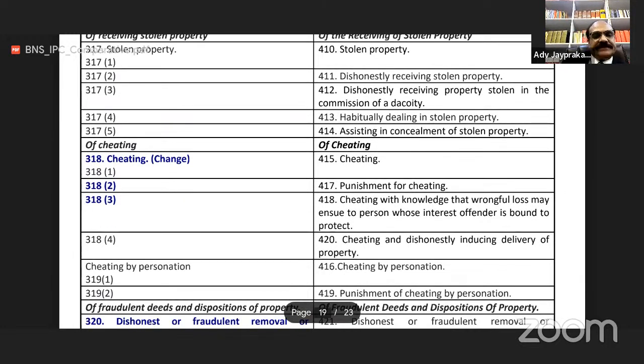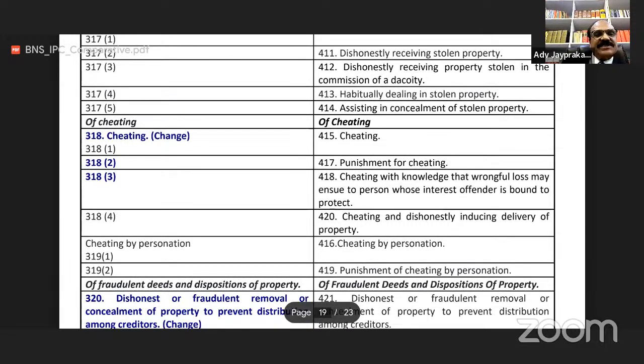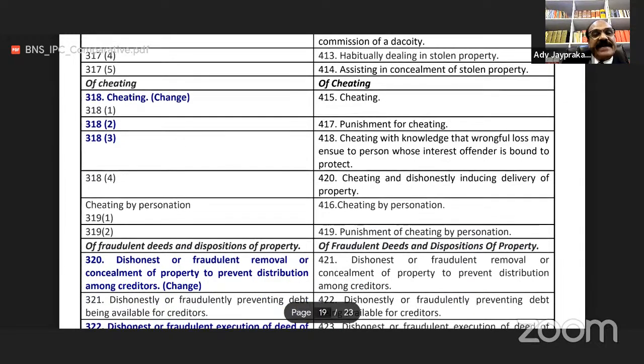Cheating. In BNS section 318, cheating. Its corresponding section was 415 in IPC. BNS section 318(2), punishment for cheating. Its corresponding section was IPC 417.